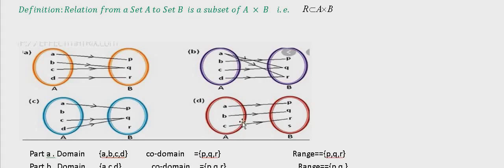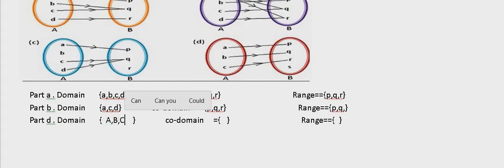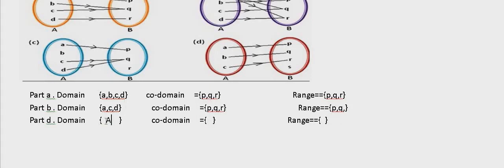A, B, C. What is codomain? P, Q, R, S. And what is range? P, Q, R, right? So in the last example, means example D, what is the domain? We will write a, b, c. Sorry, this should also be in small letters. a, b, c.